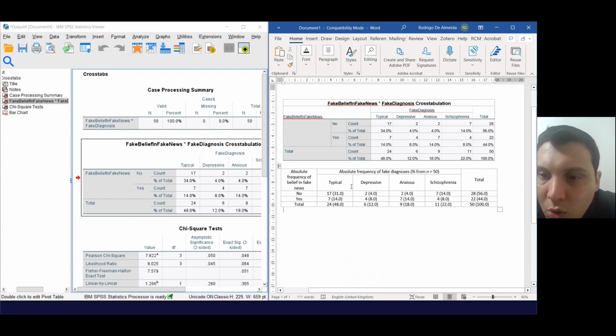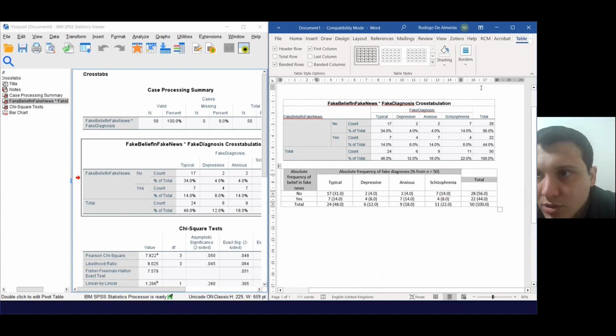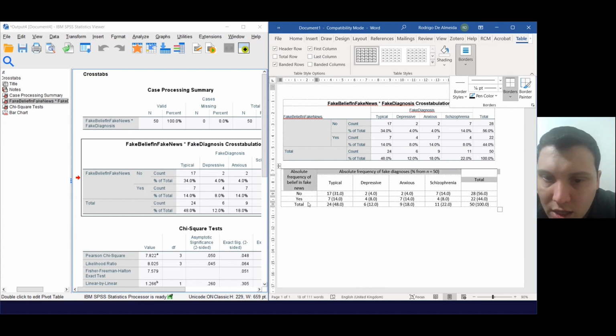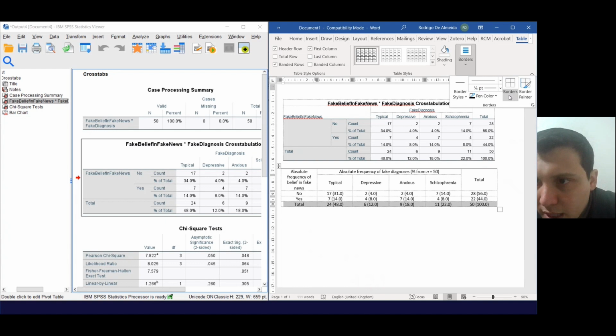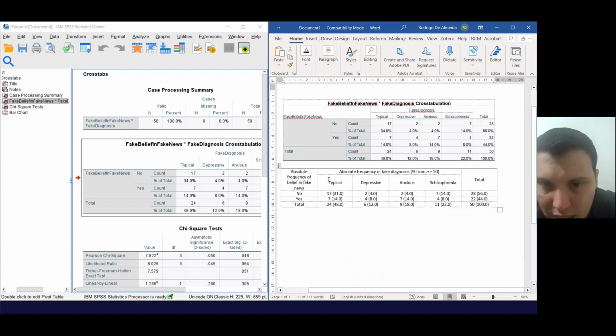Now, what are the lines we do want to see printed? We want the top line. So we're going to go to Table Borders and we want the top line. We're going to go to bottom and we want the bottom line. These are mandatory.